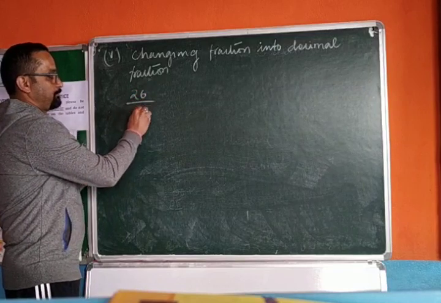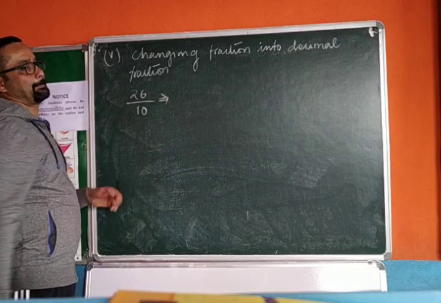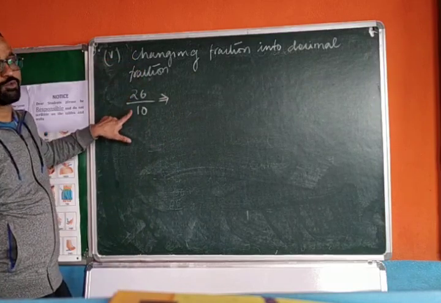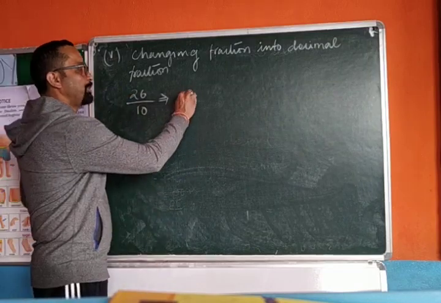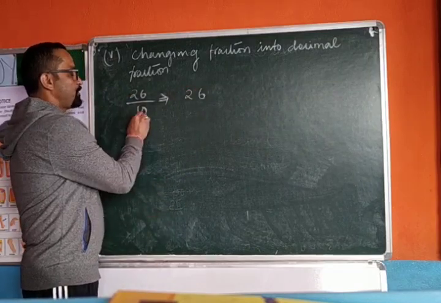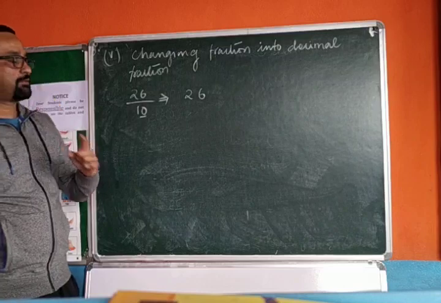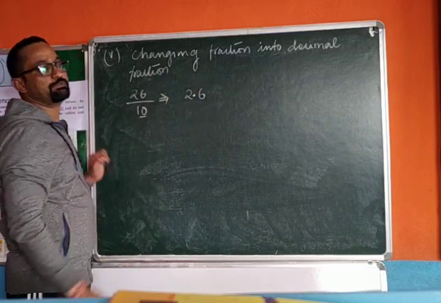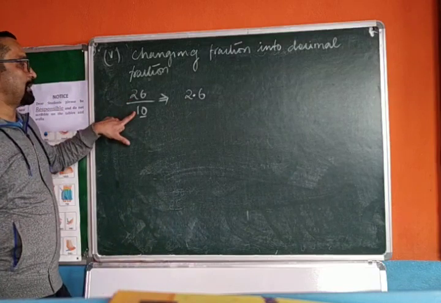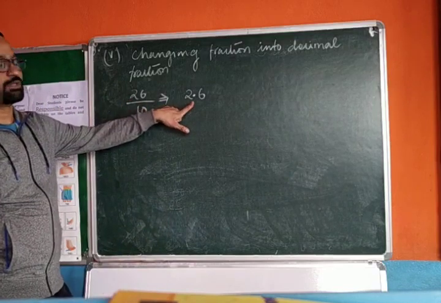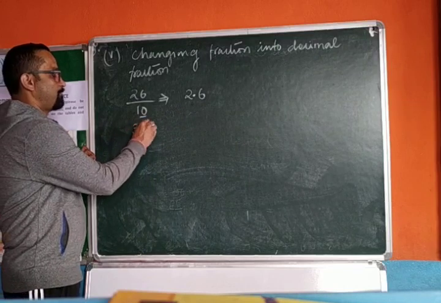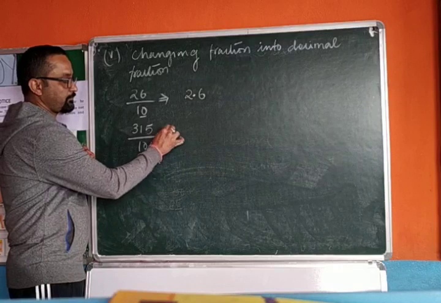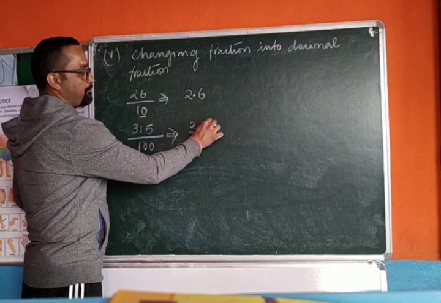26 by 10. You just look at the given question, the numerator you copy. How many zeros in the denominator? 1. So from the right-hand side you move to the left-hand side and put the decimal. 26 by 10 has converted to a decimal. 315 divided by 100. Copy 315 as it is.